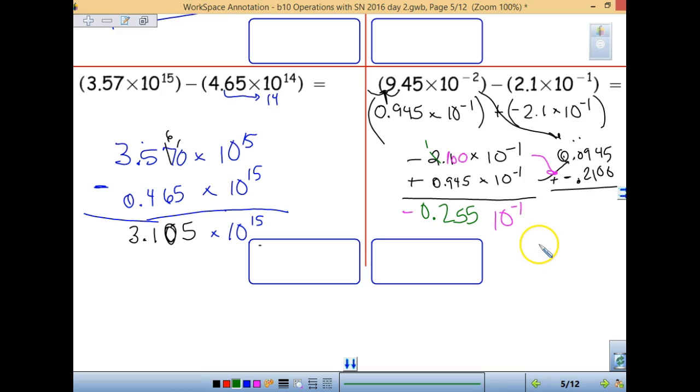But this isn't in scientific notation, right? It is negative out front. Okay? So, what's our final answer? Negative 2 point, I'm going to write it in the box. Give me the box. Negative 2.55 times 10.